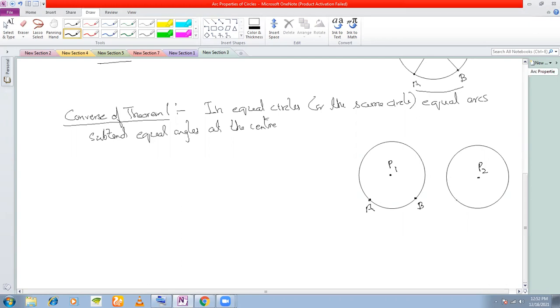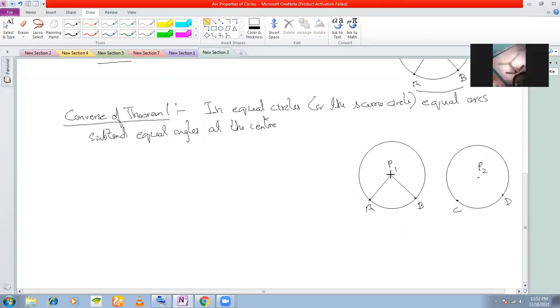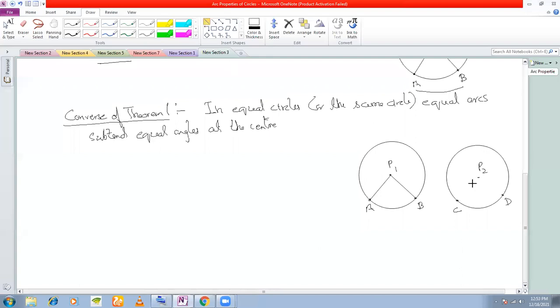And let us take the arc CD here. Join the bounding radii so that you know which angle is subtended at the center. So given here, I give you that the length of this arc is equal to the length of this arc.